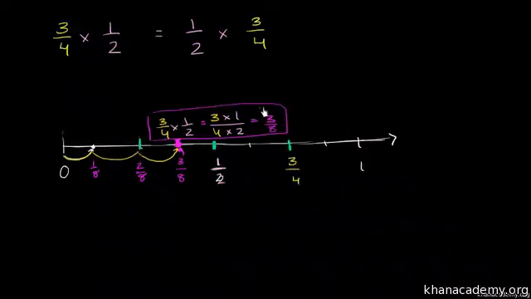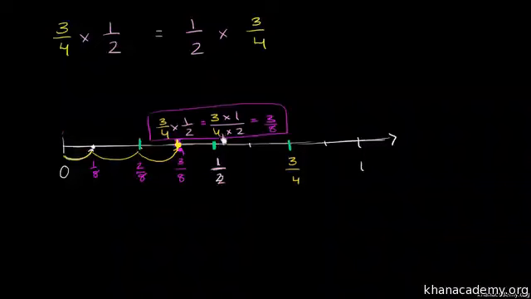And we want to go half of the way to 3/4. Well, we split this section into 2 equal sections, and we want to go exactly one of those sections. 1/2 of 3/4 gets us, once again, right over here to this point, 3/8.